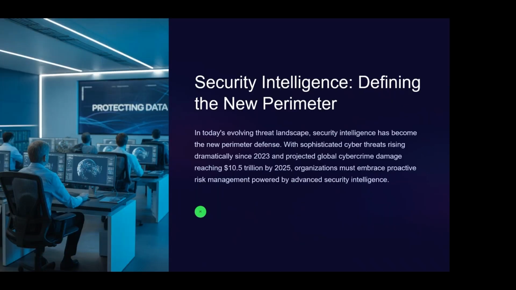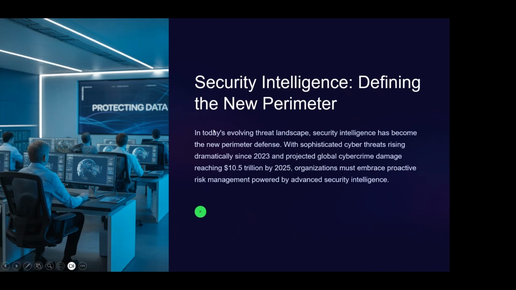All right, so we have just talked about the different firewall types and the differences between them. Now let's talk about some more security features or enhancements. Next is security intelligence. What is security intelligence? It is an important tool in preventing cyber attacks.